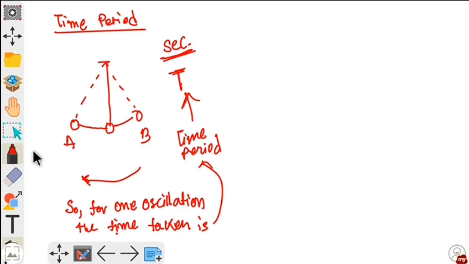So time period is the time in which the pendulum completes only one oscillation.